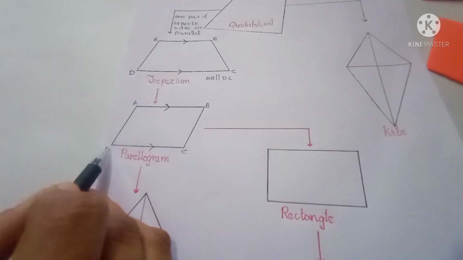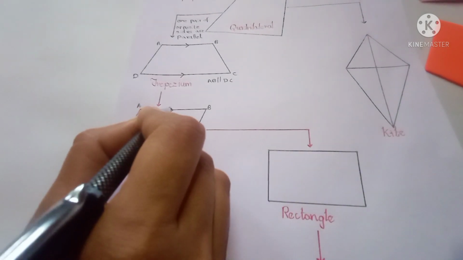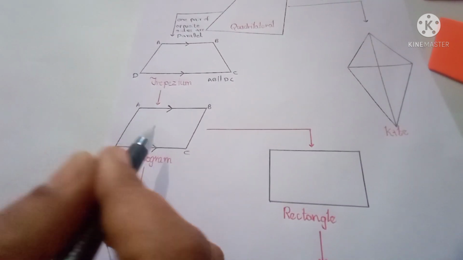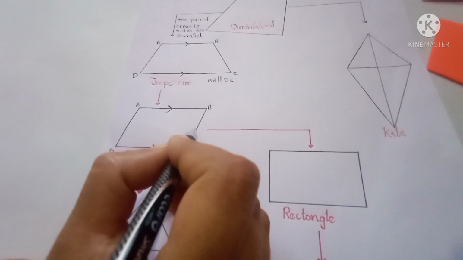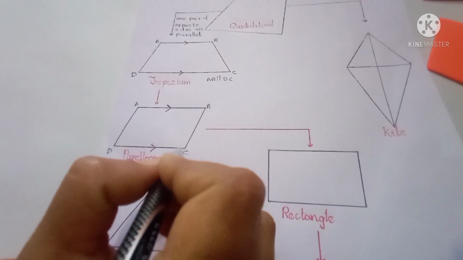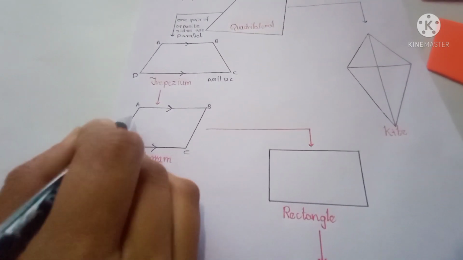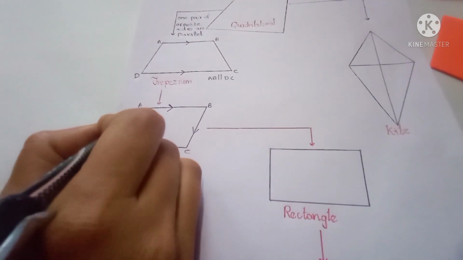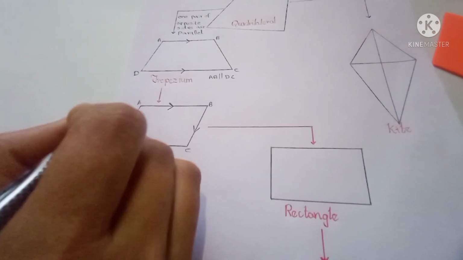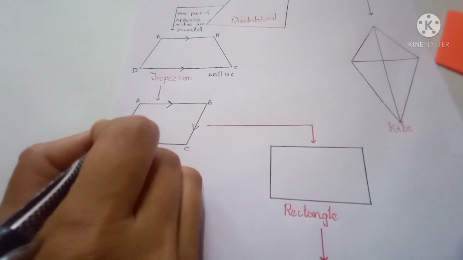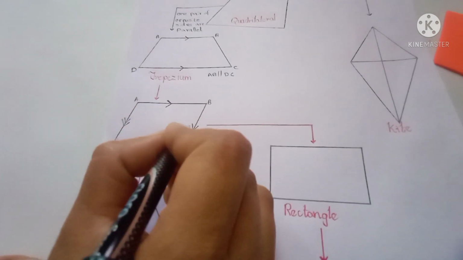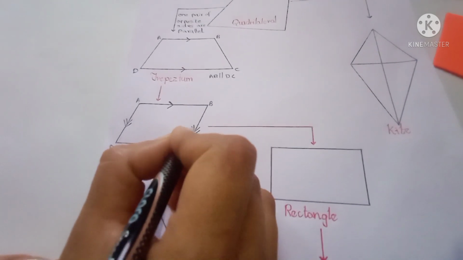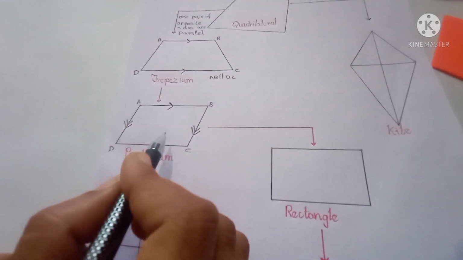AB parallel DC. We use an arrow like this, and BC parallel AD. For the other pair of parallel lines we use a double arrow.